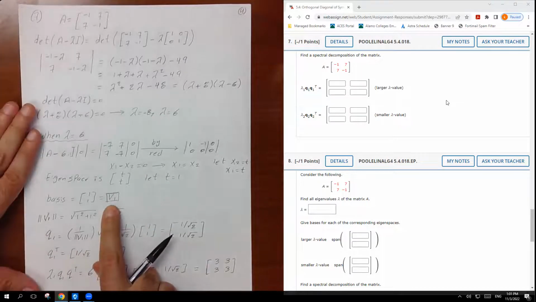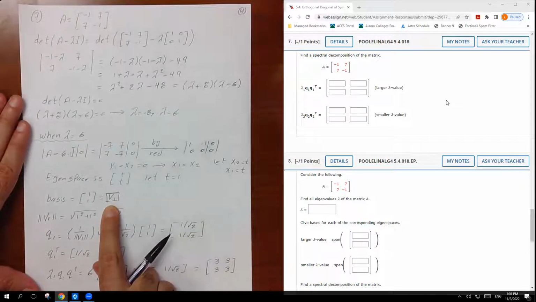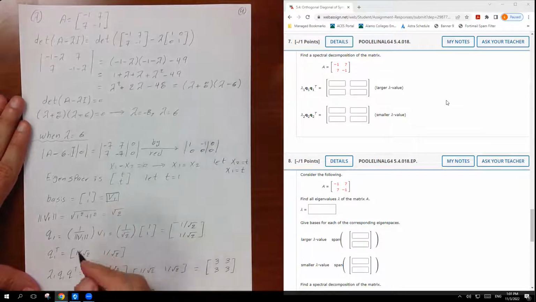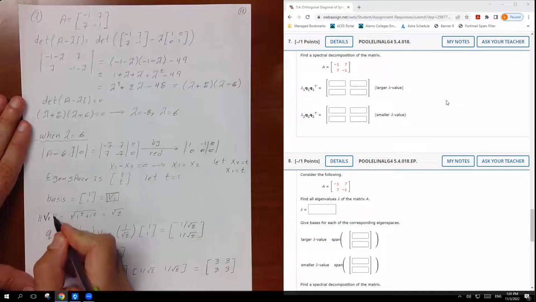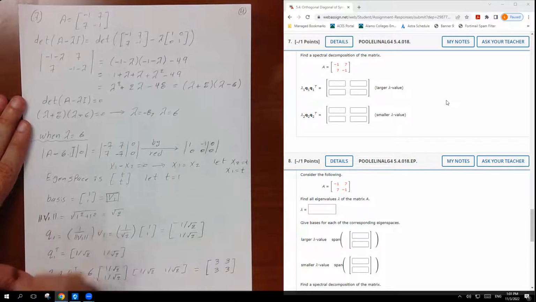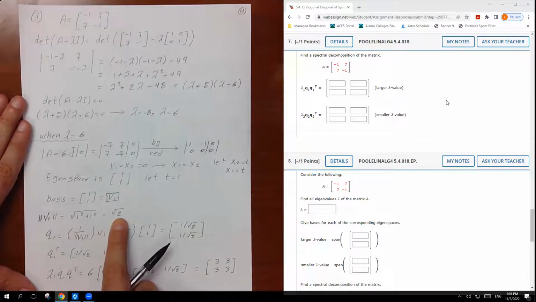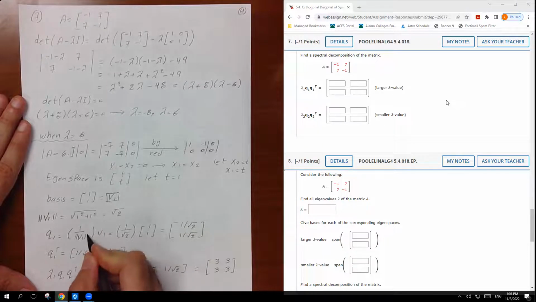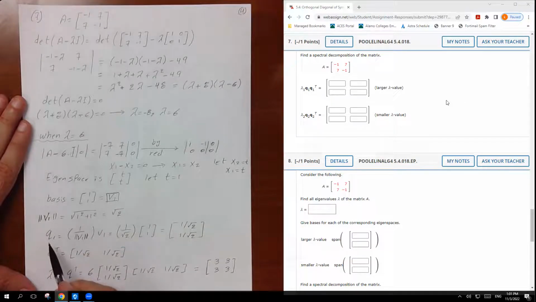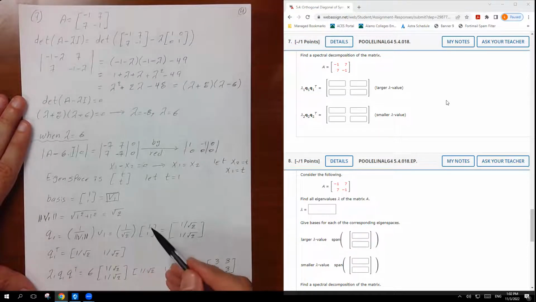Now I'm not going to use the second eigenvalue yet because I need to find q1. So right away, I'm going to find the length of this vector. The length is the square root of 1 squared plus 1 squared, which is the square root of 2. To normalize this vector, we say q1 equals 1 over the length of v1 times v1. So 1 over square root of 2 times 1, 1.